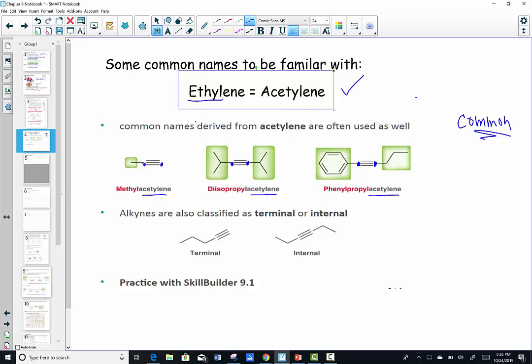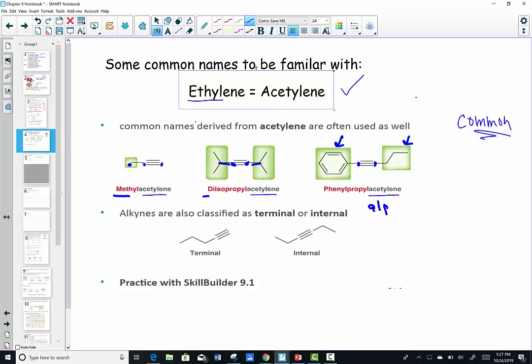So here, notice that if I have a methyl group, right here is a carbon with 3 hydrogens, we would call it methyl acetylene. Here is our acetylene, and hanging off of each side is an isopropyl. So that's diisopropyl acetylene. Here is a functional group phenyl. Here is a functional group propyl.